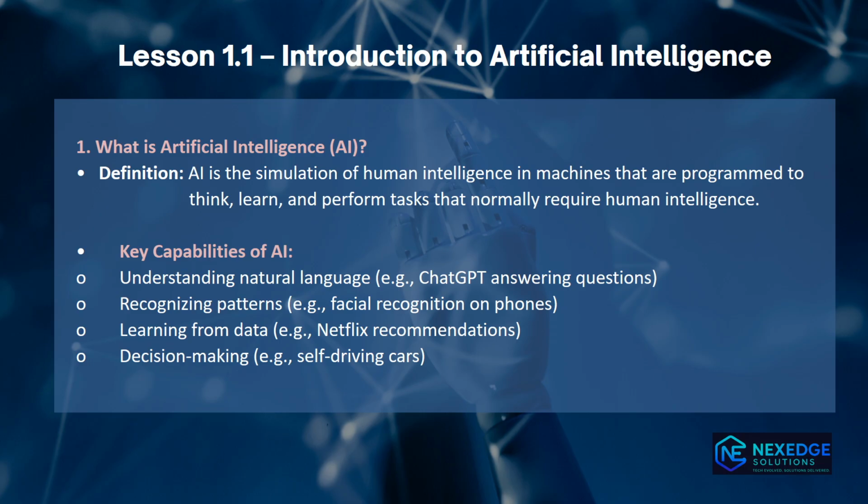Another capability of AI is that it can recognize patterns, for example, facial recognition on a phone. For instance, you want to create a kind of authentication so that no one can access your phone except you, and you don't want to use a pattern or password, but you feel like using facial recognition. Once you place it in front of your face, the AI captures the pattern of your face.